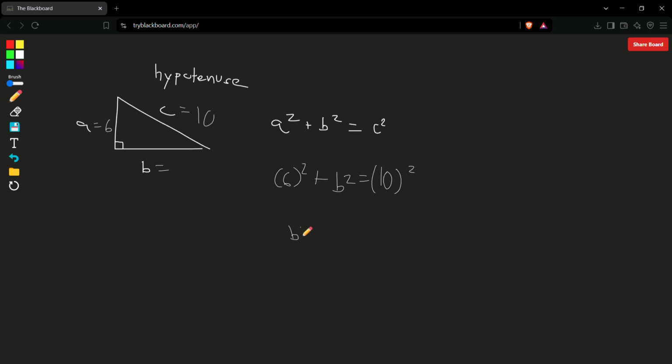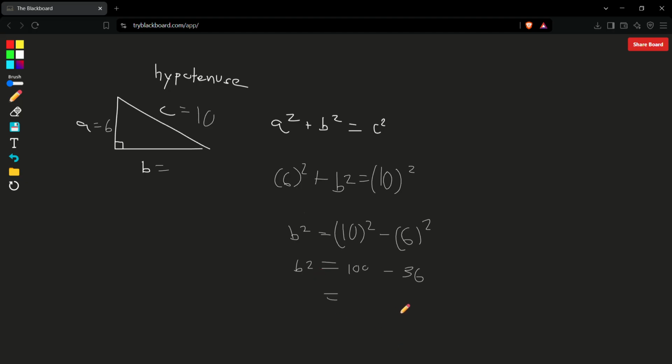So we get b squared equals 10 squared, and then since this is a positive value transposed to the other side, we have minus 6 squared, or negative 6 squared. Then we square these. That will be 100, and this will be 36.